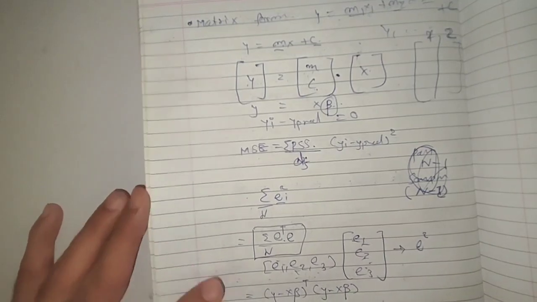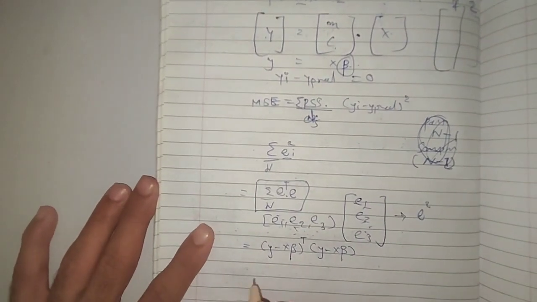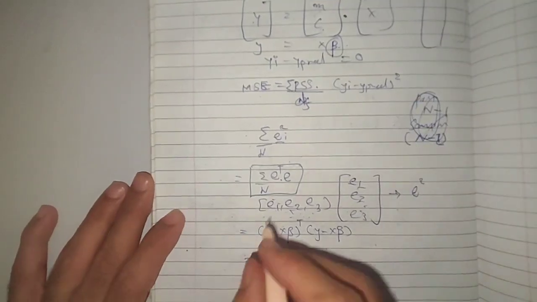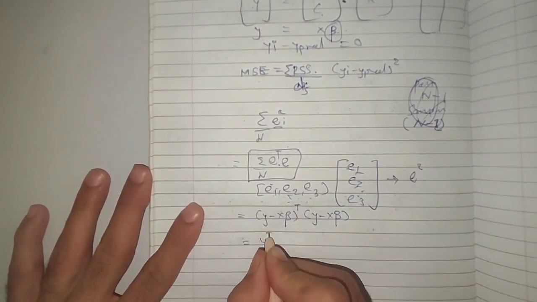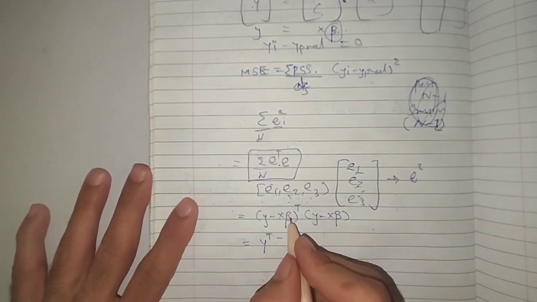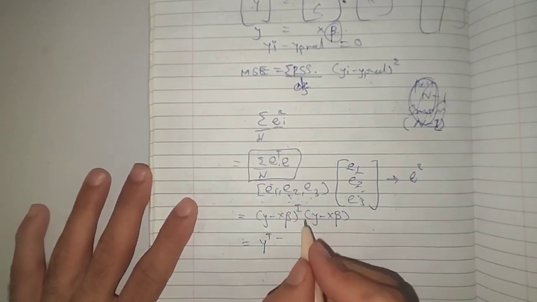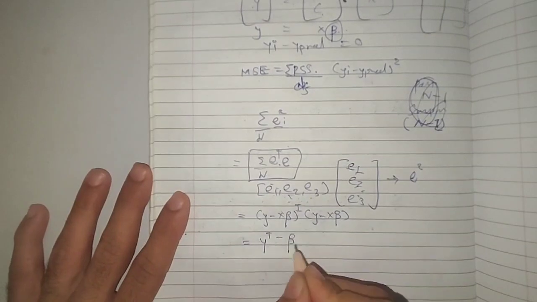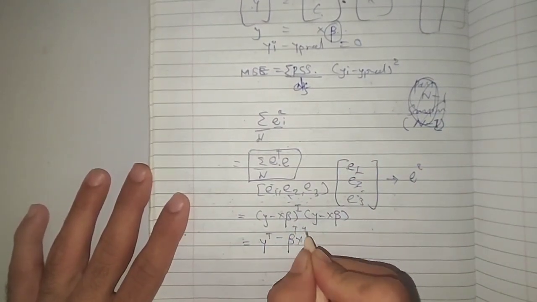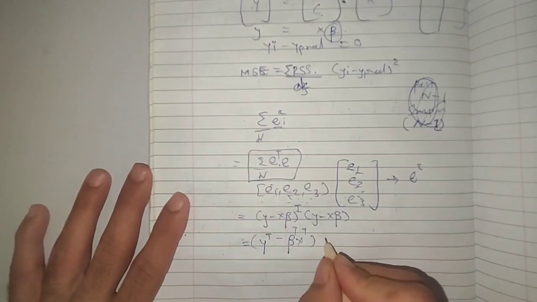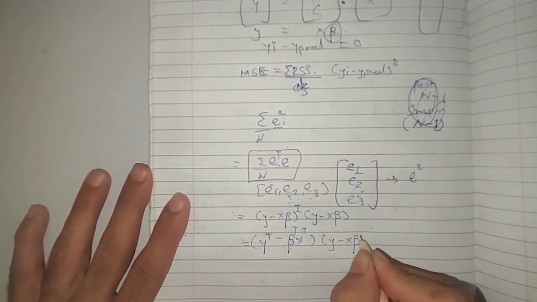Now there are a few rules which I googled about general matrix manipulation. Right now it is going to be a transpose, but if we are going to distribute this, then we need to shift the order: beta and X, and then the transpose. And now we have y minus X beta.